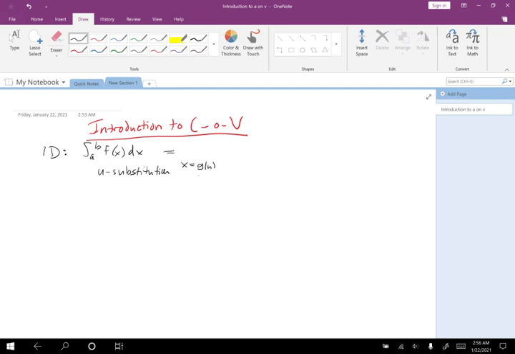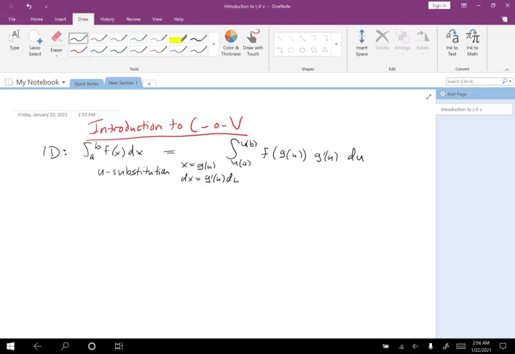And what happens is the integration range now changes to u of a and u of b, where these are the u values associated with a and b, and now your f becomes f of g of u, and your dx becomes g prime of u du. Okay?